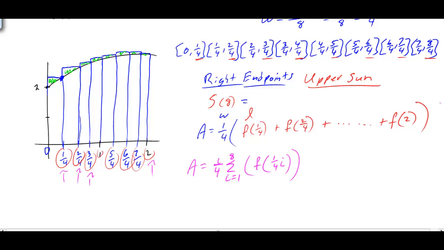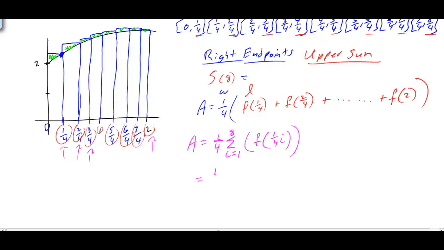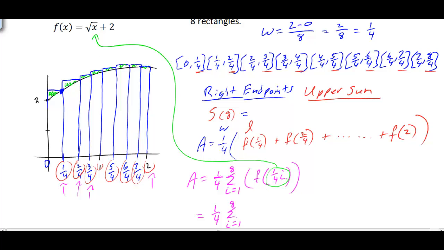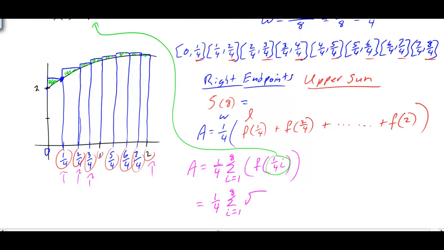So this would be correct, except now we just simply take our sum and plug in the 1/4 i. And again, a lot of times people forget this. You need to take this 1/4 i and substitute all of that in for x. So therefore, we're going to end up with the square root of 1/4 i plus 2.